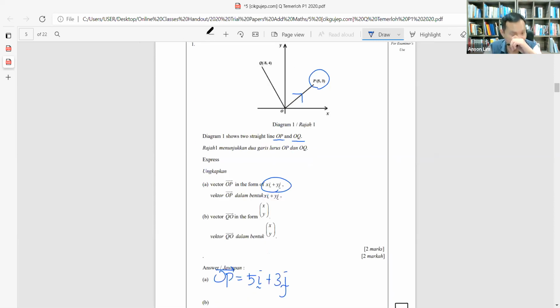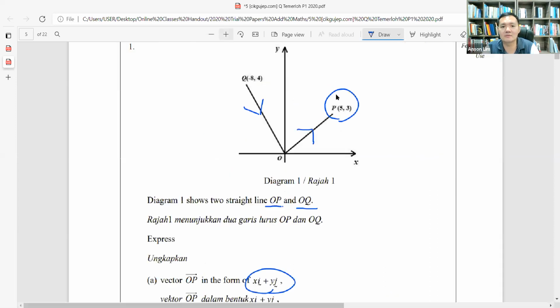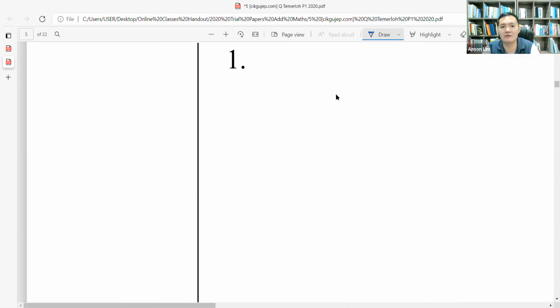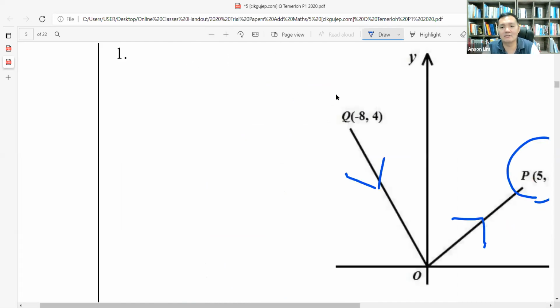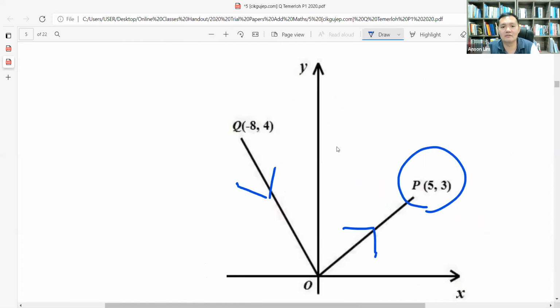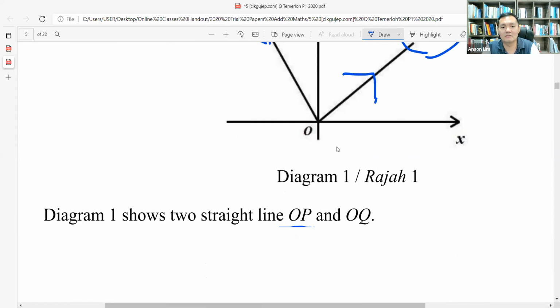Okay. Can do or not? Try to see. Oh, very good. And then they ask you to write QO, Q to O. As I know, OQ is easy. From the point, you can see on the screen, it is (-8, 4).